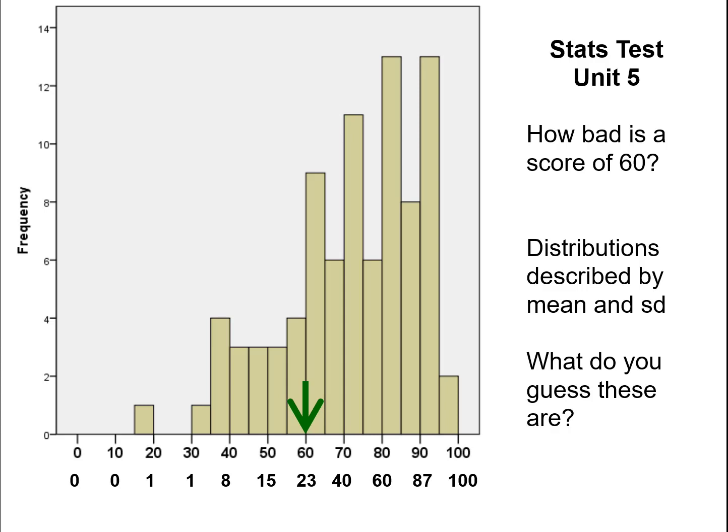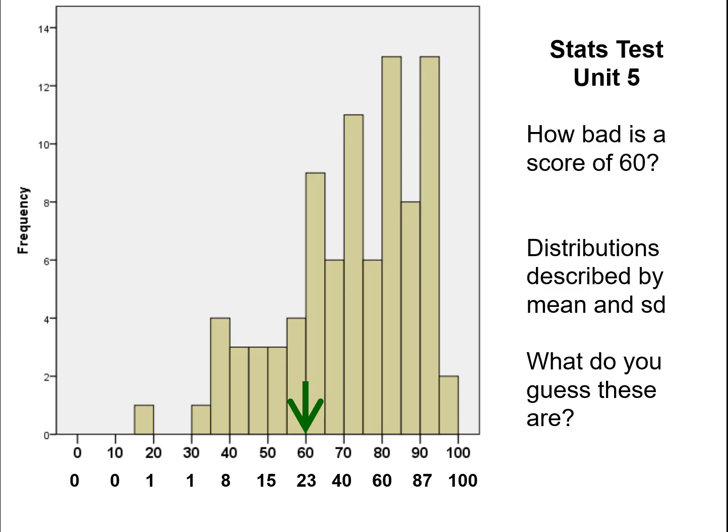And at this point, we've been talking about the mean and the standard deviation, and you should have a good conceptual understanding of what the mean and the standard deviation are. And if you understand what a mean is and what a standard deviation is, you should be able to look at a histogram like this. You should be able to look at the shape of a distribution and give a good rough approximation of what you think the mean is and what you think the standard deviation is.